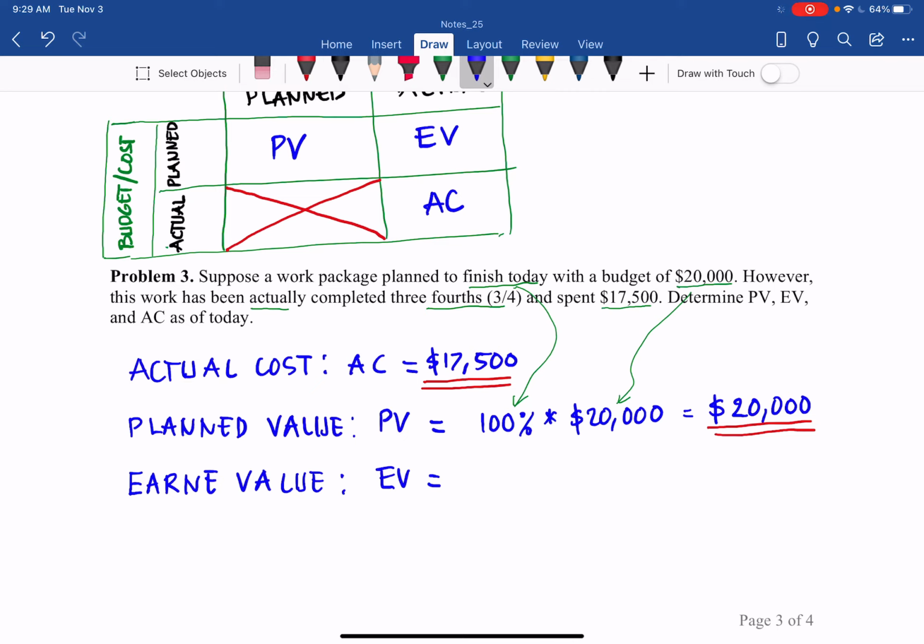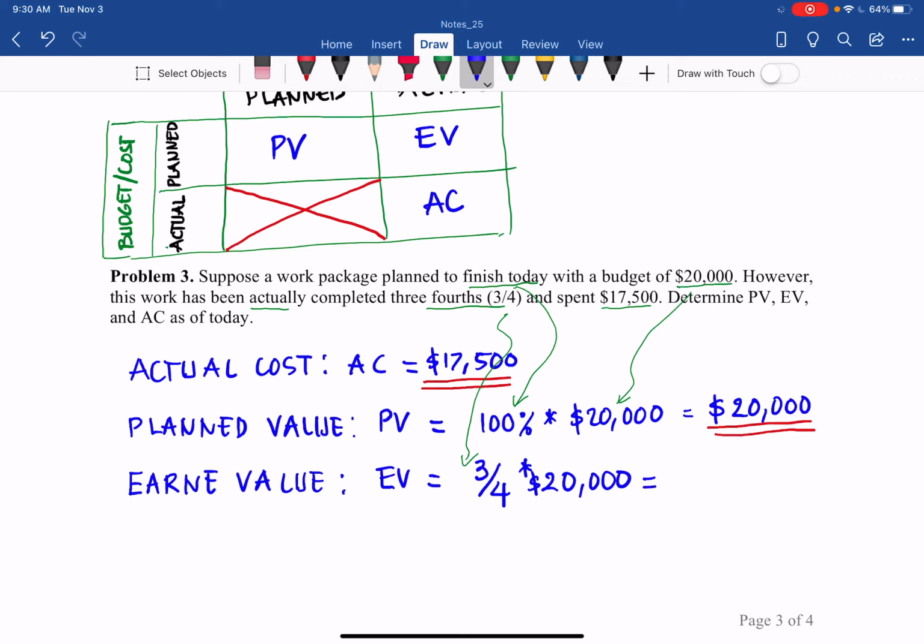So that's the actual work, 3/4, times the planned budget, 20,000, the total budget.